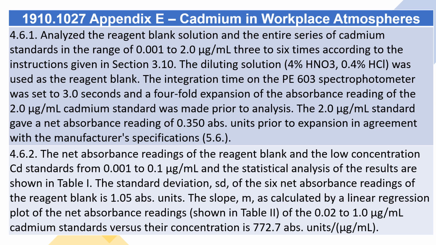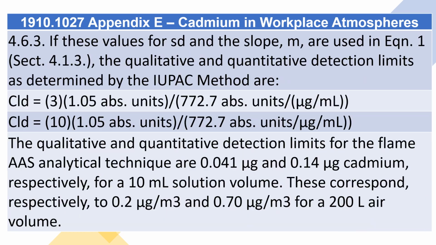The slope, m, as calculated by a linear regression plot of the net absorbance readings, shown in Table 2, of the 0.02 to 1.0 µg/ml cadmium standards versus their concentration is 772.7 abs. units/µg/ml. 4.6.3. These values for SD and the slope, m, are used in Equation 1.